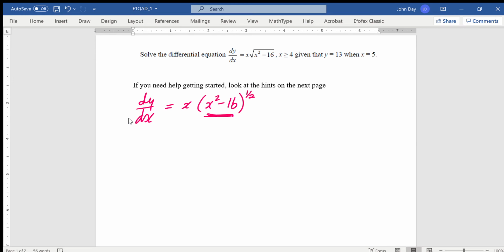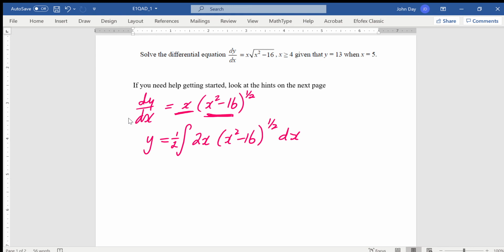So I could find y is equal to the integral of 2x (x squared minus 16) to the half dx, but I need to throw a half out the front to compensate for the extra 2 I put there, so that the derivative of the internal function is sitting in front of the brackets.